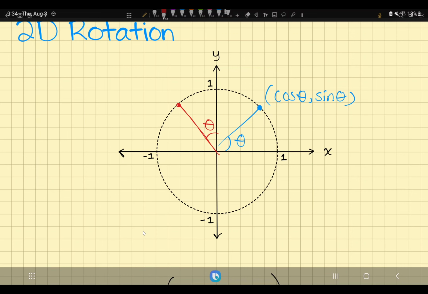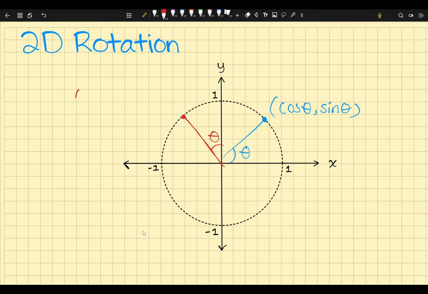Well, this is going to be cosine of theta plus pi over 2, and then sine of theta plus pi over 2, because the angle that this one makes with the x-axis is theta plus 90 degrees. But as it turns out, this is actually equal to something a little bit simpler, which is negative sine theta, cosine theta.